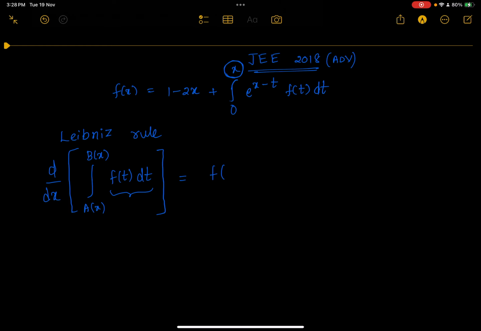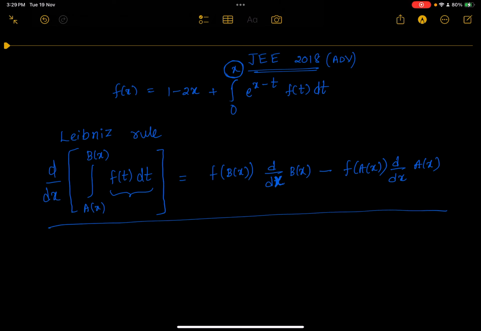First, substitute the upper limit in place of t and take the derivative of the upper limit with respect to x, minus substitute the lower limit in place of t and take the derivative of the lower limit with respect to x. So this is Leibniz rule and it is used to differentiate an integral.